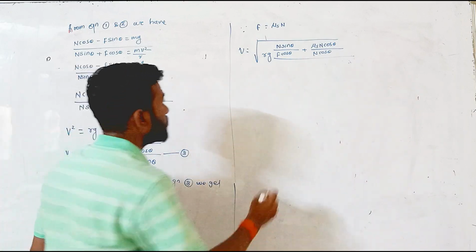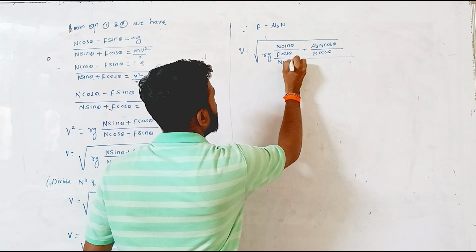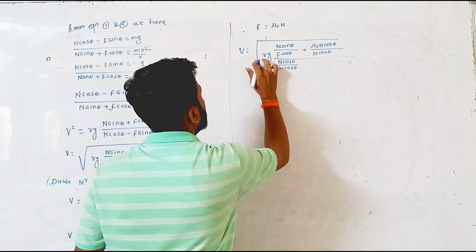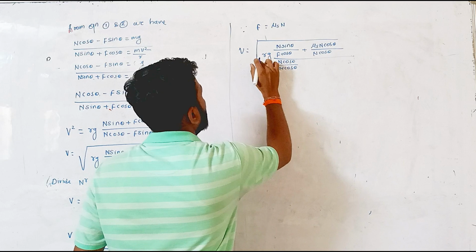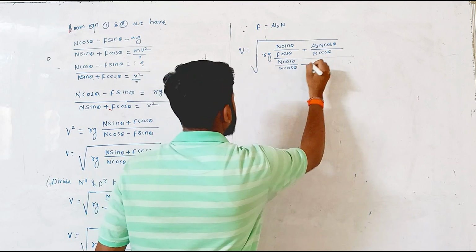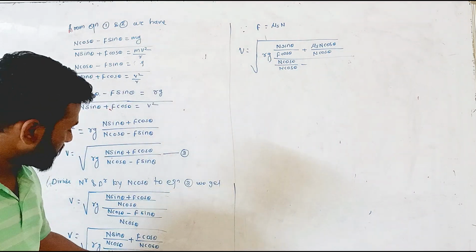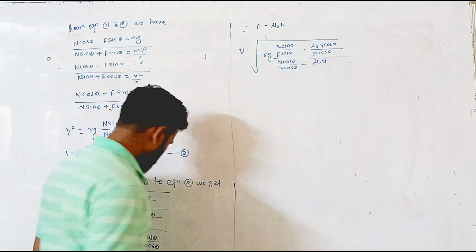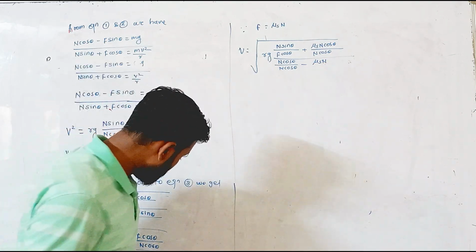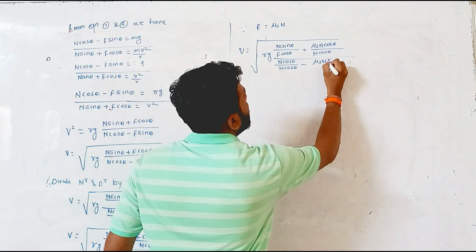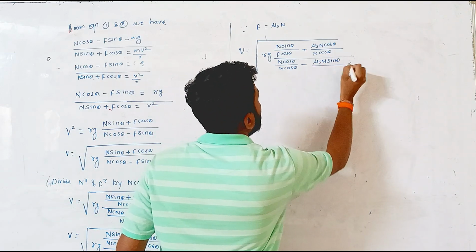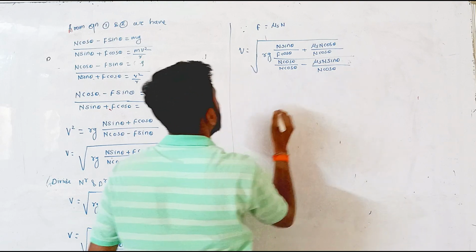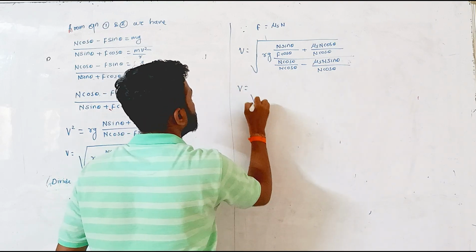Again we divide by n cos theta, minus f, that is mu s n sin theta divided by n cos theta.